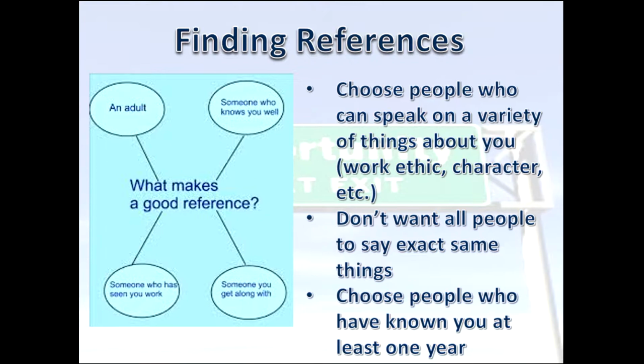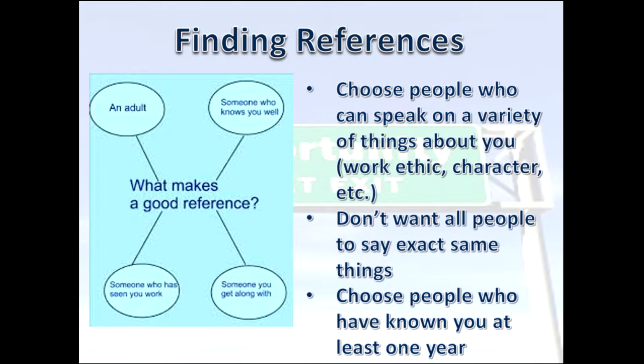So you don't want all 4 of your references just to talk about that you were a good student. Well, what about the rest of the person? That's what I mean about saying different things about you. Never, ever pick a relative.